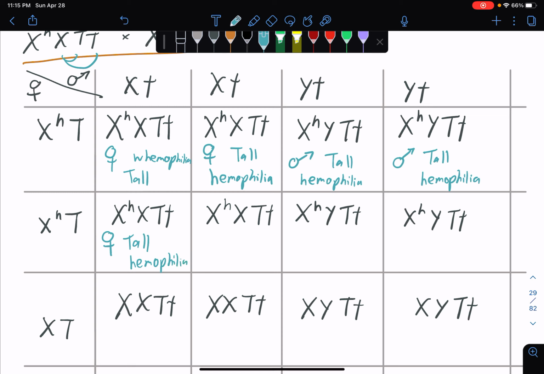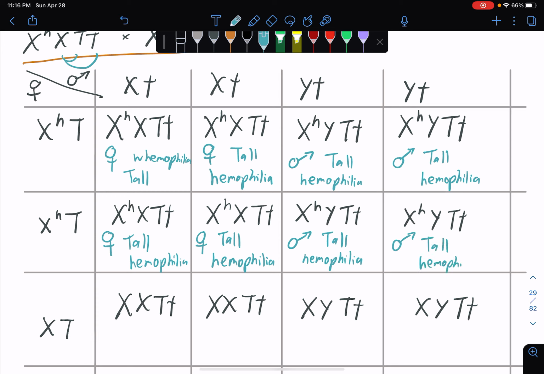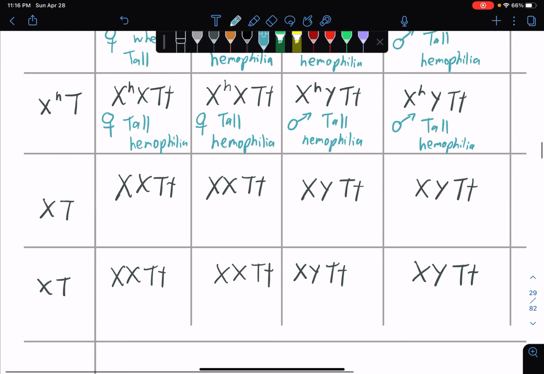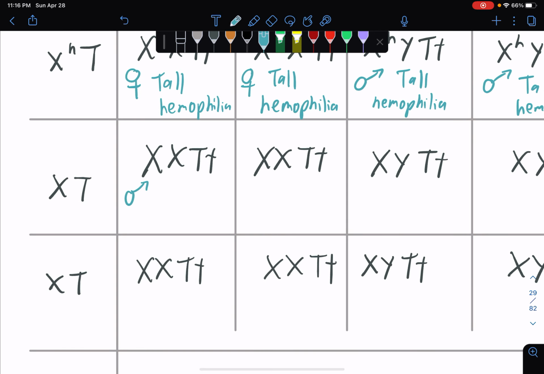Next, this is a female. She's tall, and because there's an H, that means hemophilia. This one is a guy. He's tall, and he has hemophilia. This is also a guy, tall, and with hemophilia. Next, this is a female. She's tall, and she's normal. There's no H exponent this time.